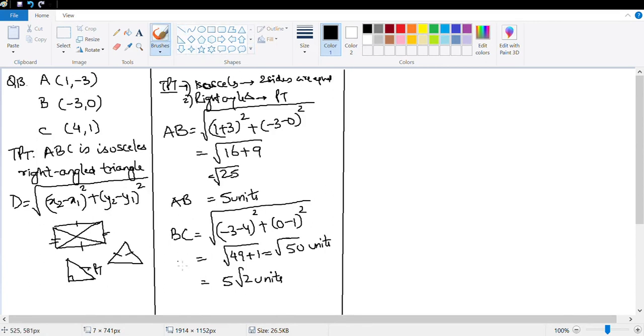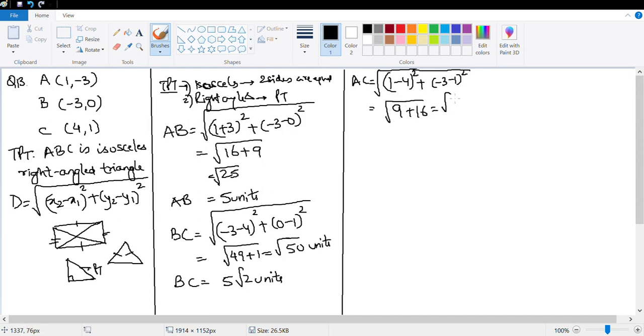Now let's see if AC is equal to it. Let's check the length of AC. AC would be equal to square root of (1 minus 4) whole square plus (negative 3 minus 1) whole square. So 1 minus 4 whole square would be equal to negative 3 whole square, that's 9, plus negative 4 whole square, that's 16.